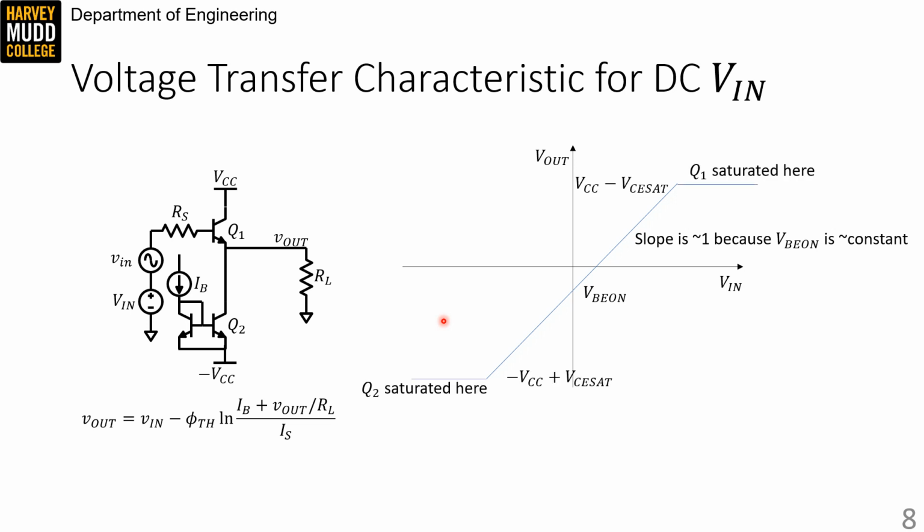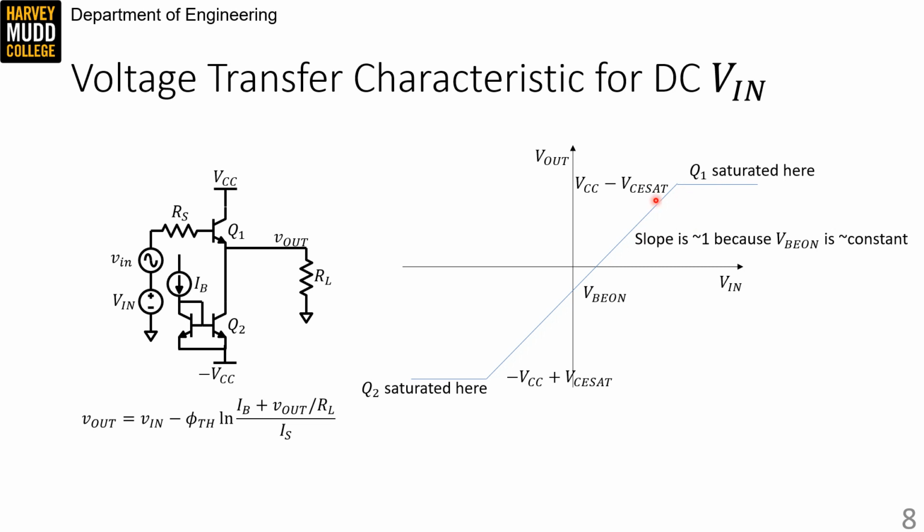In the case that RL is big, this V out over RL term never gets close to IB. And so that means our output can swing all the way up until Q1 becomes saturated at VCC minus VCE sat, or all the way down until Q2 becomes saturated at minus VCC plus VCE sat. Hitting this Q1 failure mode is unusual because it requires V in to go above VCC.